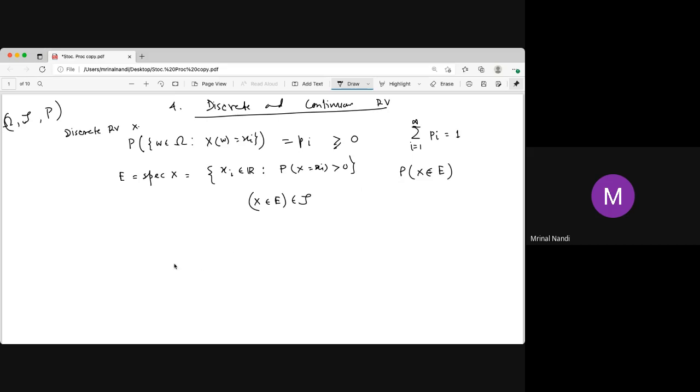Now we have one more definition, called the probability mass function. What is the definition?